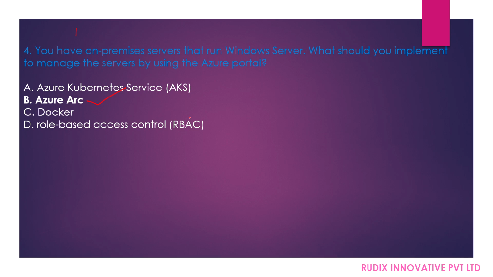So through the Azure portal, we can't access on-premises servers from Azure Kubernetes and Docker. Coming to role-based access control, option D, it is a fundamental aspect of managing access to Azure resources but does not specifically address the management of on-premises servers through the Azure portal.